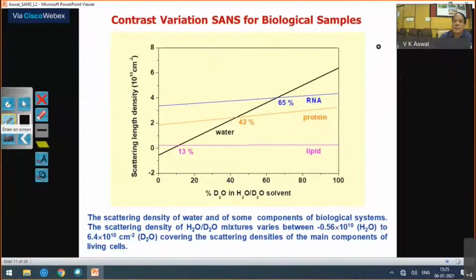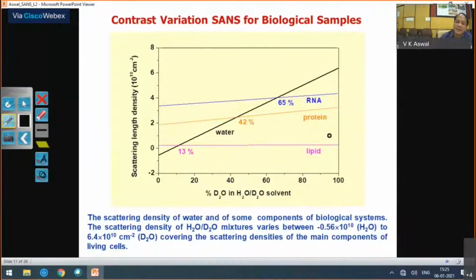So this contrast variation is very popular in biological samples, because when you talk of biological samples, you have different components coexisting in a system: lipid, protein, and nucleic acids. And you want to separate and see how they are distributed in your biological system.